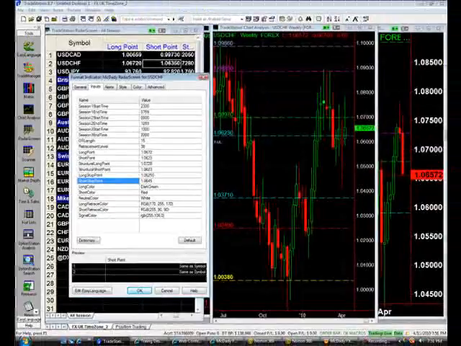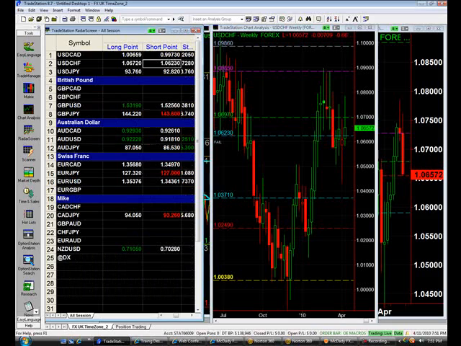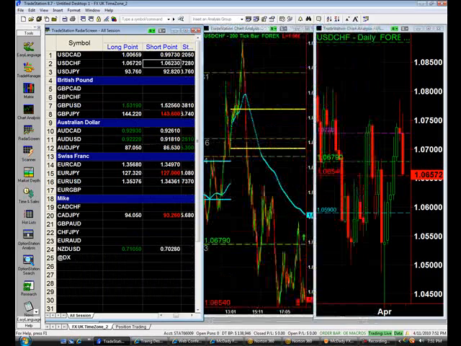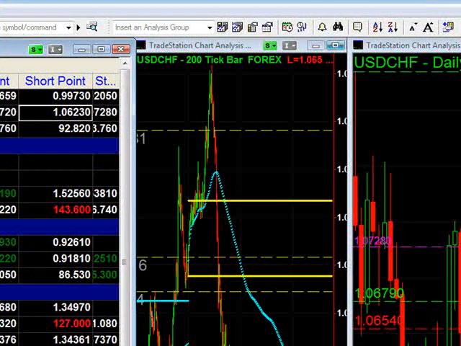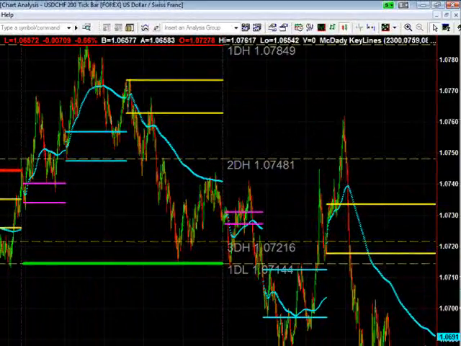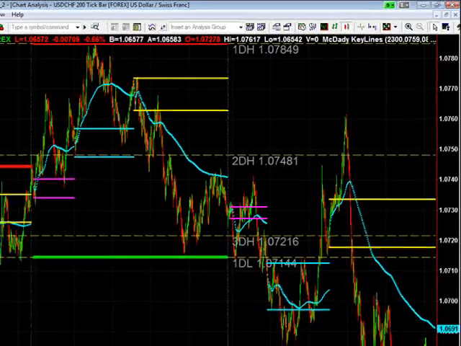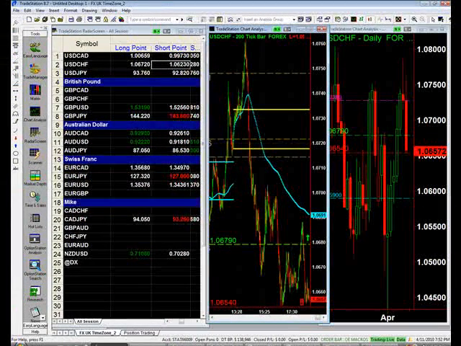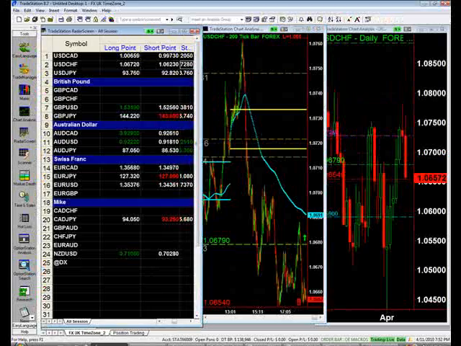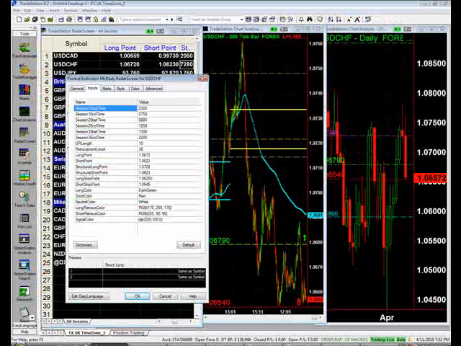And our long point, we are going to go long, as I said, above the 106.79. If that's the case, I'm going to put the stop below 106.54.